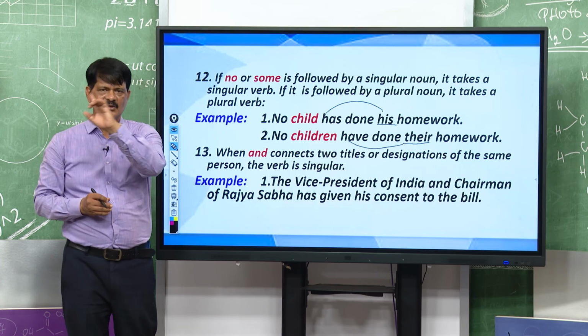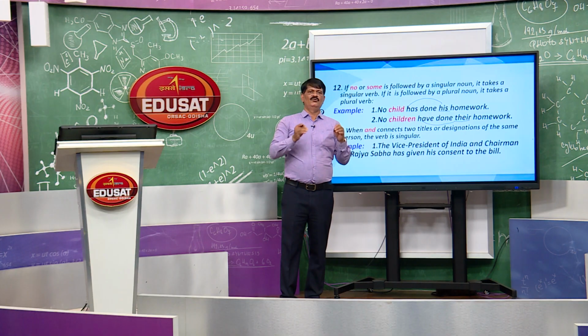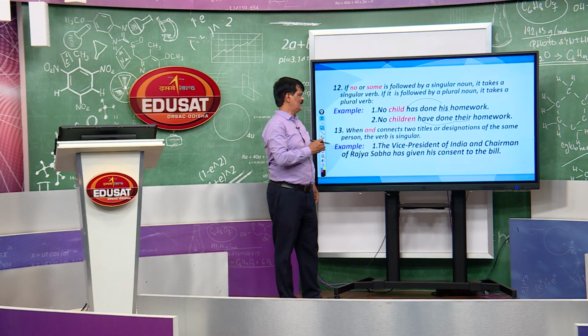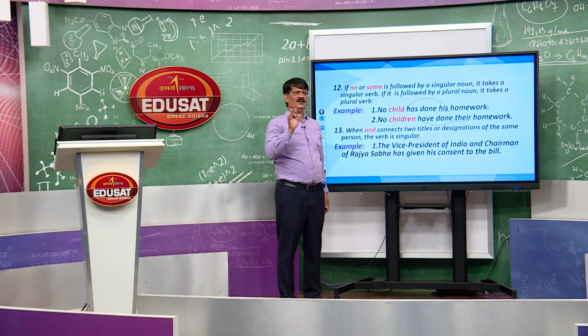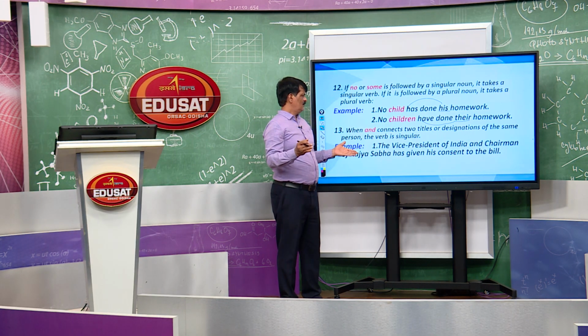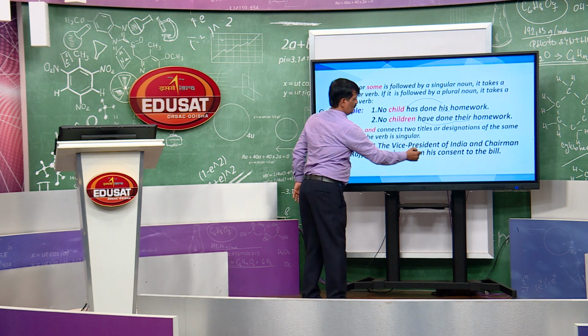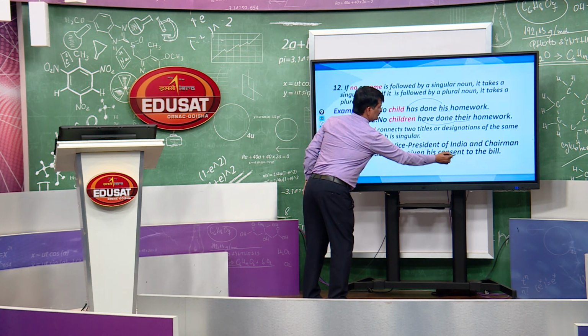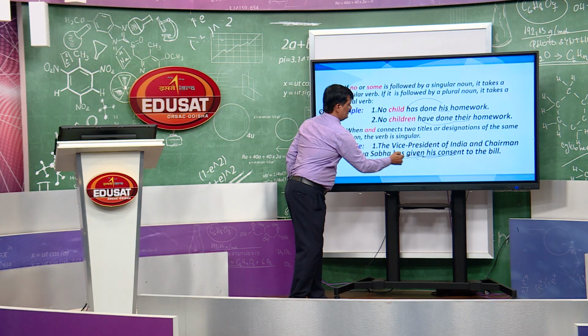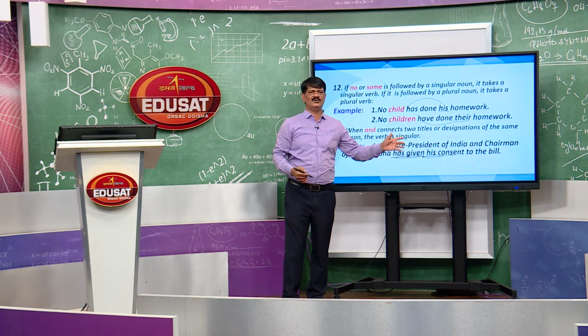One person, not two persons. The Vice President of India and the Chairman of Rajya Sabha is one person, so the verb will be singular: has given his consent.